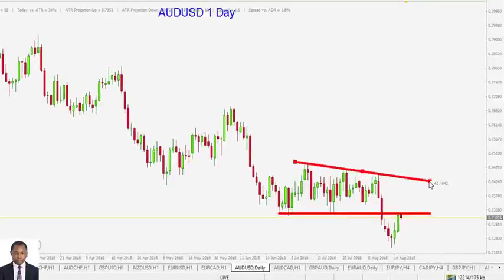But remember that pullback was made possible by that reaction of that counter trend line. So if you are going short here, you are trading against that force that bounce price to the upside. So even though this looks very good, I will not be interested in going short, because I am trading against the force that bounce price to that particular level.